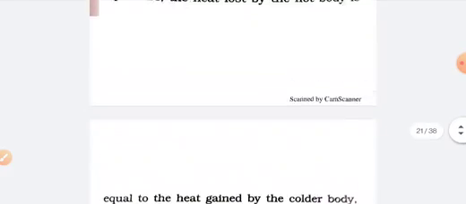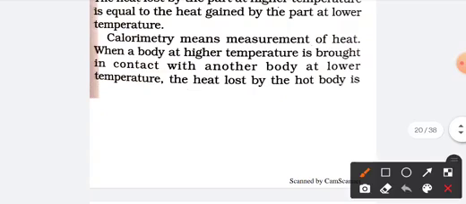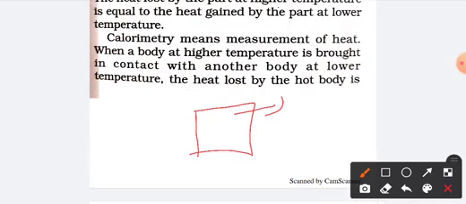It is a device in which we can measure how much heat is transferred from the higher temperature part to the lower temperature part. Because none of the heat is going to get out from the system, all the heat is inside the system only. That means we can measure how much heat is transferred from one part to another.